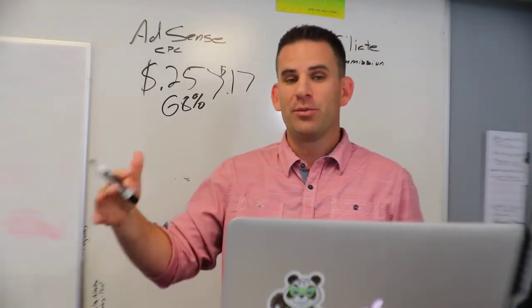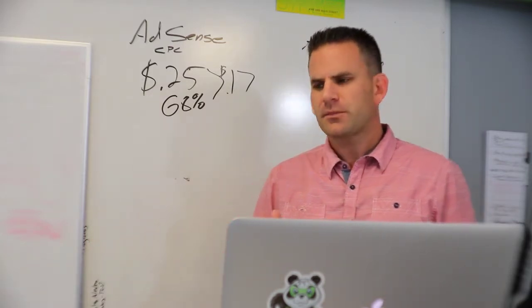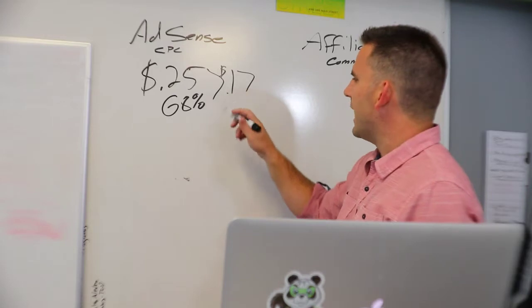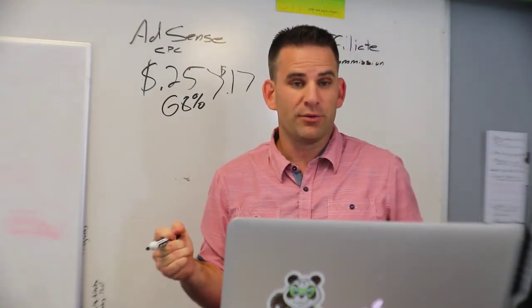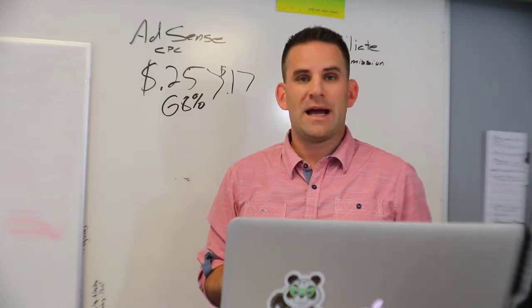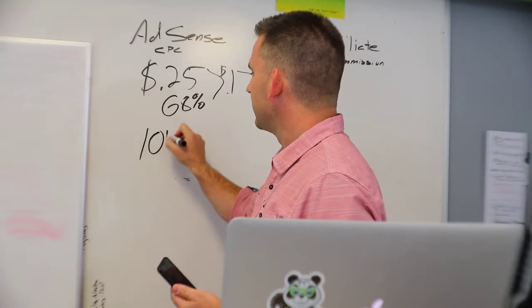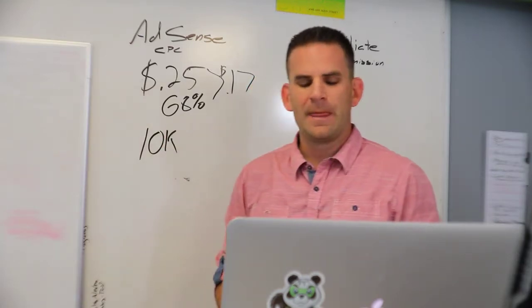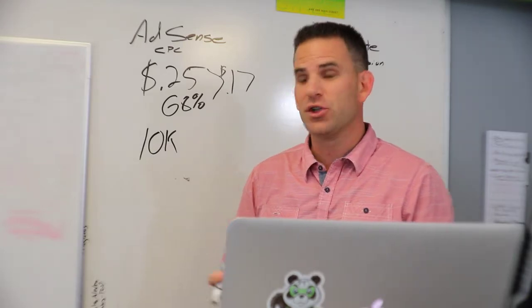And you can definitely outperform, but you can definitely underperform as well. So let's use that and say that you just have a 0.1% click-through rate. And let's say that you have 10,000 page views a month. All right, so 10,000 page views a month. And let's say that your average page has 3 ads showing.